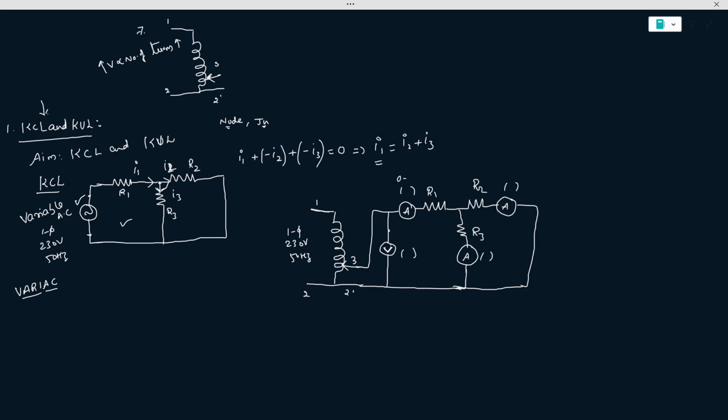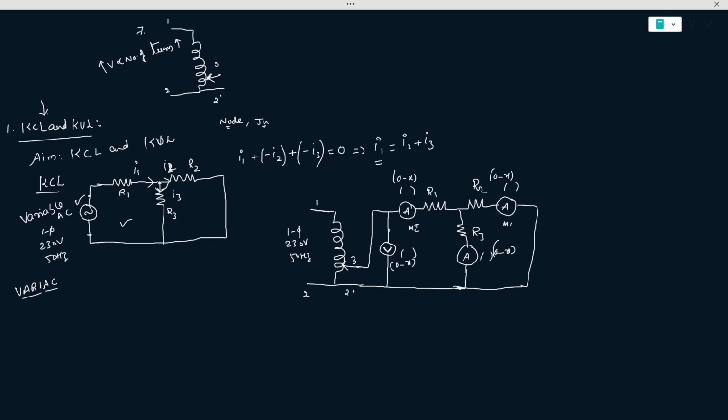So we need to mention the range here, 0 to x, again 0 to x, where 0 is the lower range and x is the maximum range of the individual meters. Since we are using AC here, the type of meter is called MI type.